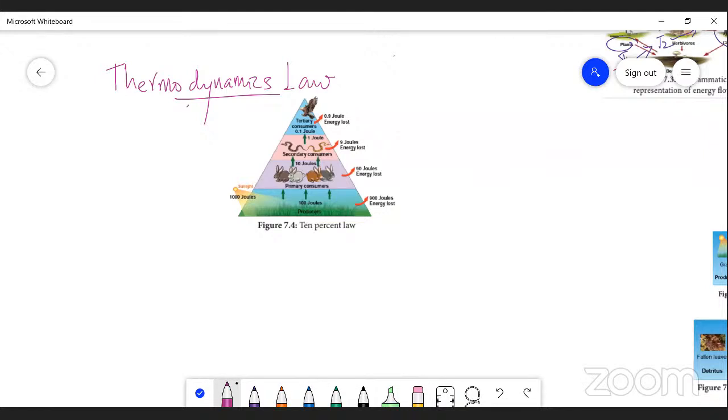The thermodynamics law is of two types: thermodynamics law one and thermodynamics law two. Actually, the storage of energy can be explained by two thermodynamics laws.